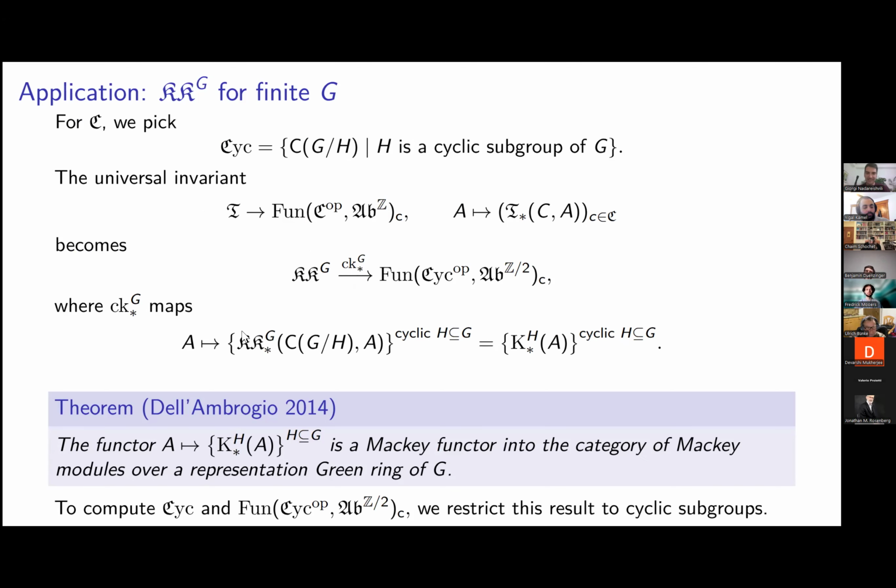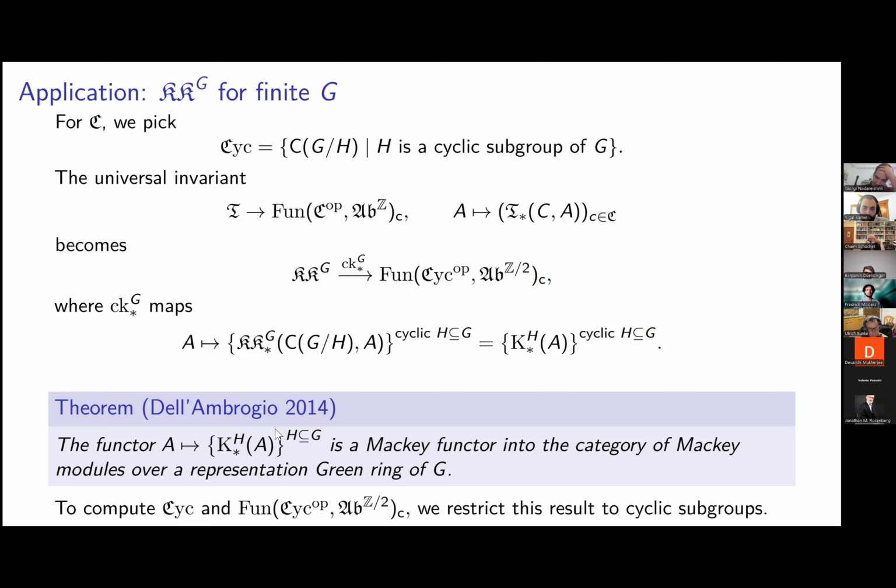But in this case, when you only consider cyclic subgroups, there's also a very nice result by Ivo Dell'Ambrogio from 2014, when he classified this functor, where A goes to H-equivariant K theory for all subgroups. This is what they call a Mackey functor, in the category of Mackey modular representation, the Green ring. If you don't know what this is, the only takeaway here is that he actually computed this functor.